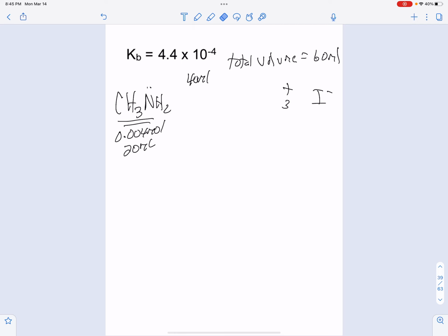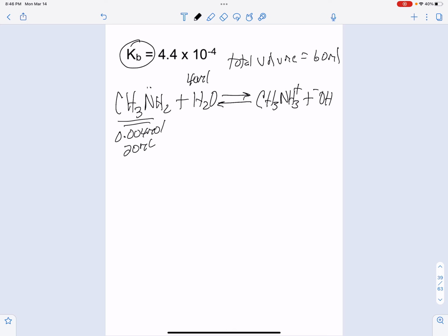So the only thing you have is your base in the presence of water, right? Which is a weak base, so that's going to create an equilibrium, and it's a base, so it's going to acquire a proton from the water, and this is going to be hydroxide. You have the Kb, which is what's happening there, right?